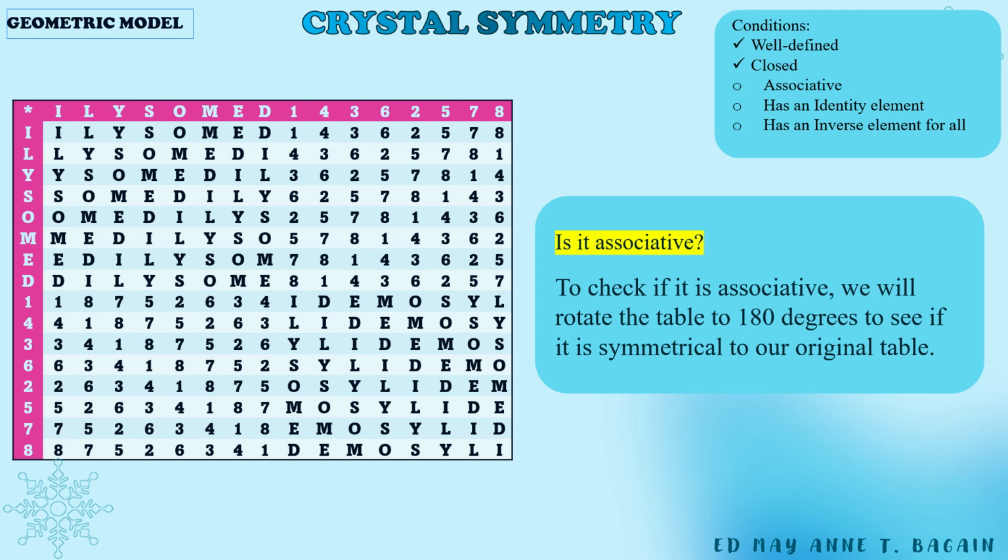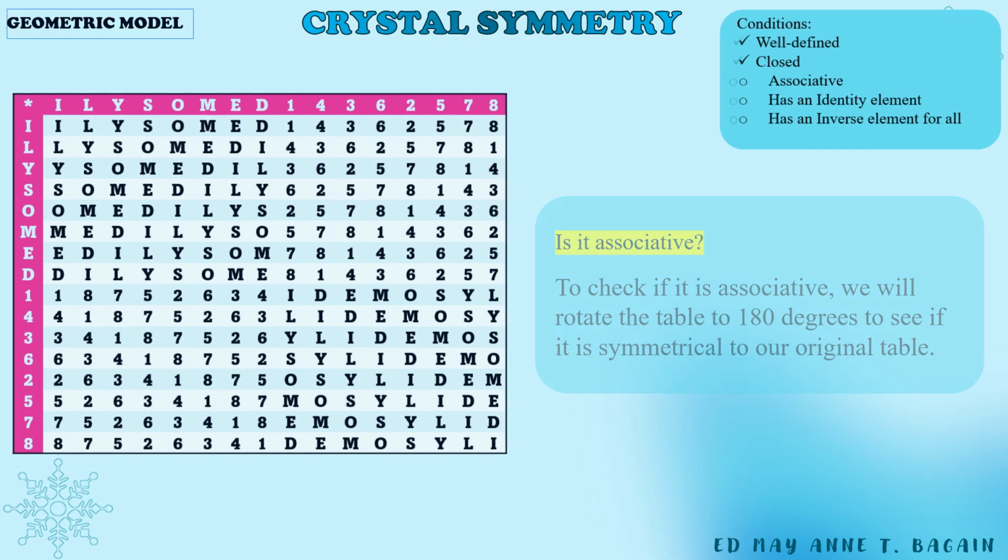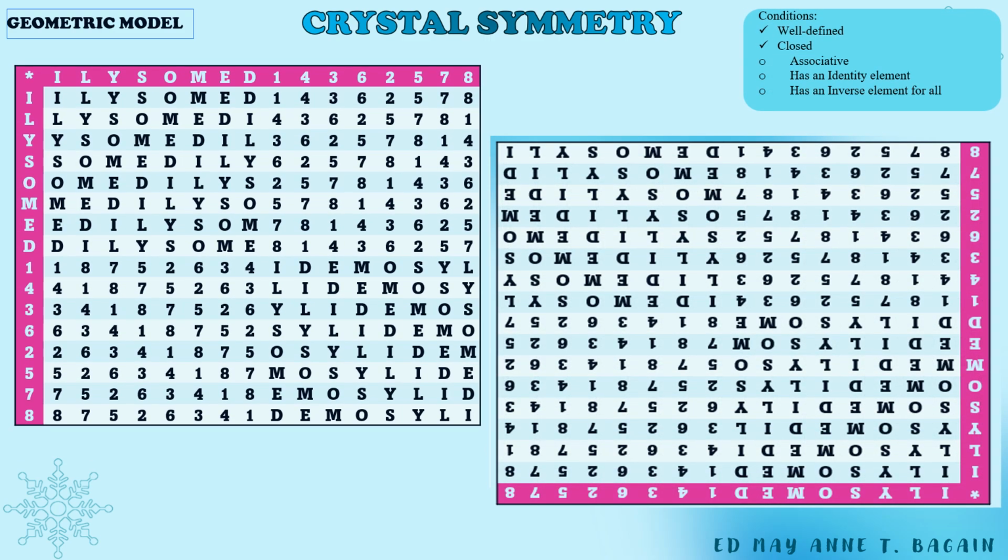We have here the 180 degree rotation of the original table, but we cannot understand it yet, so we need to flip it so we can see it clearly. After that, all we need to do is interchange the rows to check if it is associative.